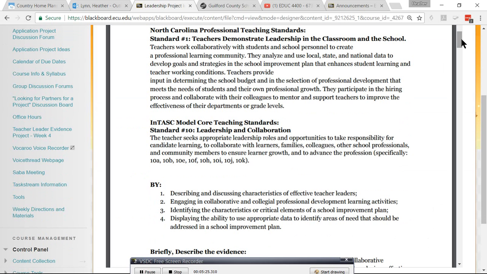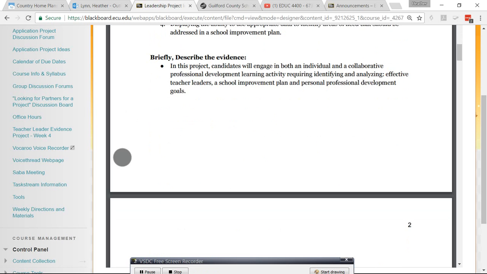And as you can see, it responds to Standard 1, which is teachers demonstrate leadership in the classroom and the school. So you're going to be thinking about what makes an effective teacher leader. You're going to think about critical characteristics of a school improvement plan, and then talk about, as a leader, how you could use strategies and data to address areas of need that should be addressed in a school improvement plan.